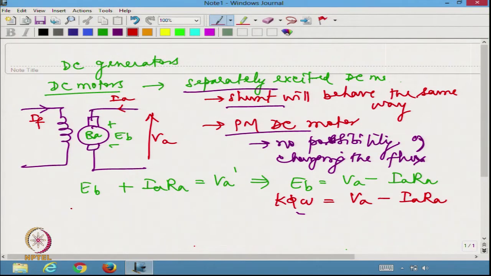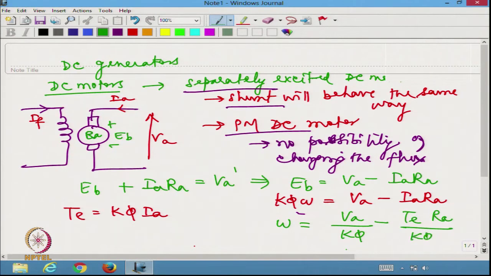But we also said TE equal to K phi IA. So I can write this equation now as omega equal to VA divided by K phi minus TE multiplied by RA divided by K phi whole square. So this we have substituted here.